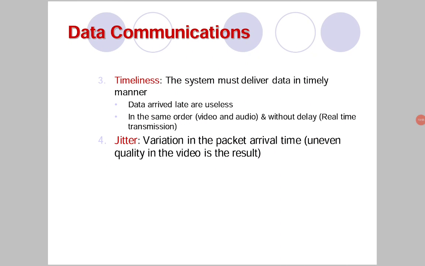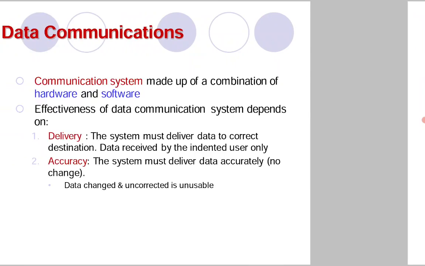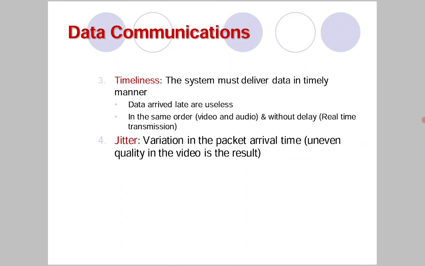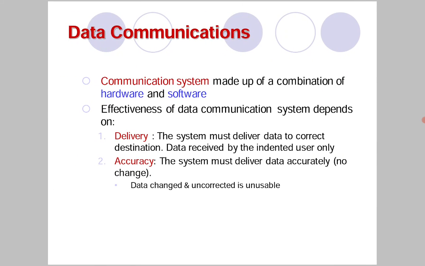Next are other important parameters that affect the effectiveness of the data communication process. First one is delivery, meaning the destination should be correct. Second one is accuracy, meaning there should not be any changes, delay, loss of data or noise imposed.